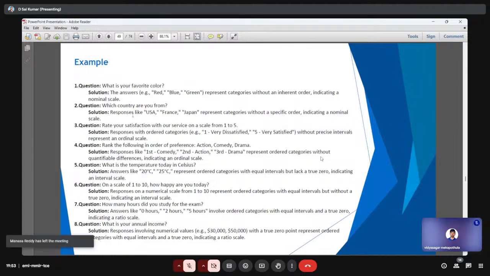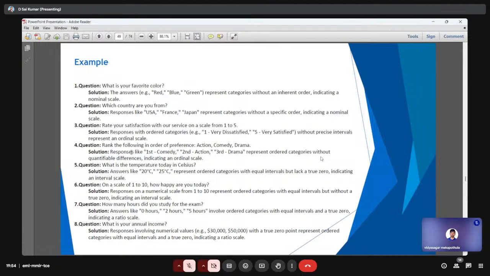If someone asks which country you are from, the responses are USA, India, France, Japan, and so on, again without any specific order. Hence it is again a nominal scale. Rate your satisfaction with our service on a scale from 1 to 5. Just now we have seen a scale, 1 very dissatisfied, 5 very satisfied. It is an ordinal scale.